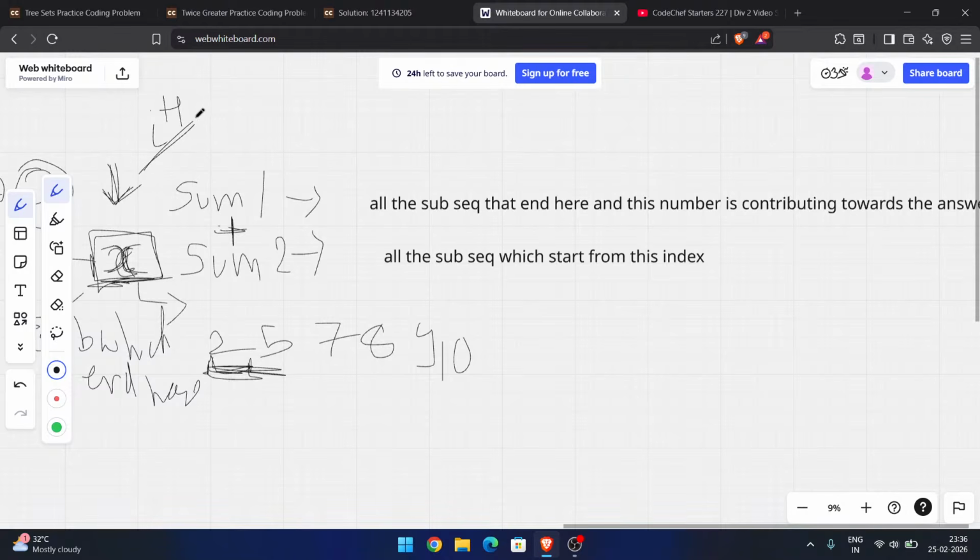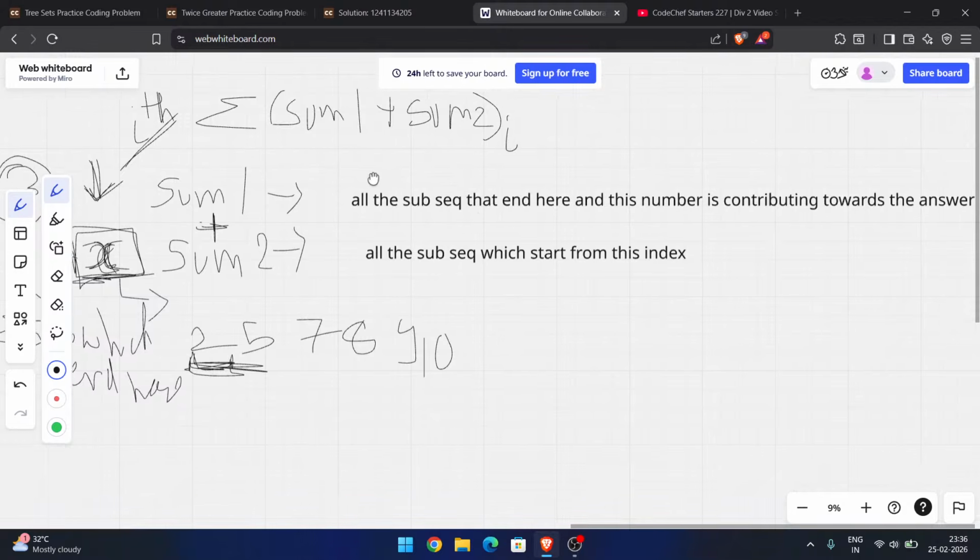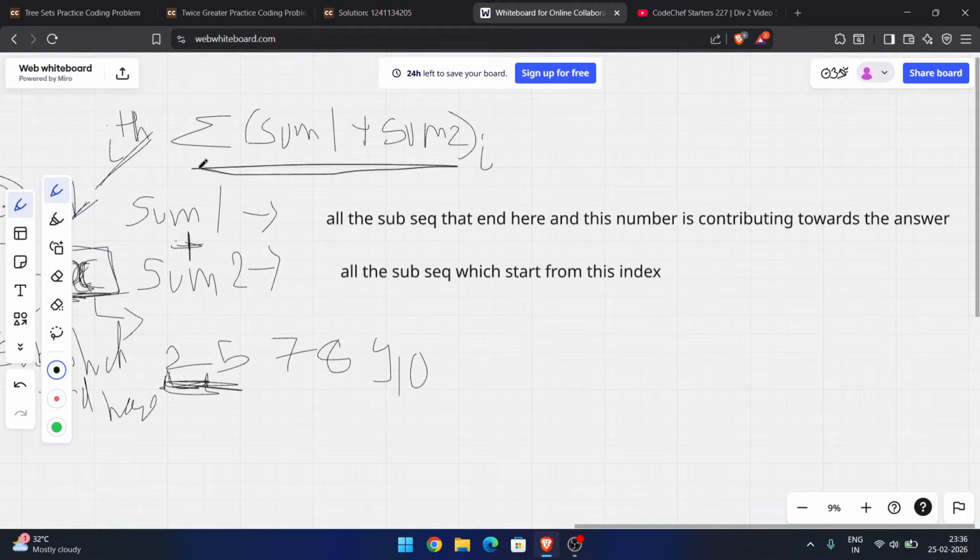So if I want the answer for every index, that would be the summation of sum1 and sum2 for every index i. So that would be our final answer.